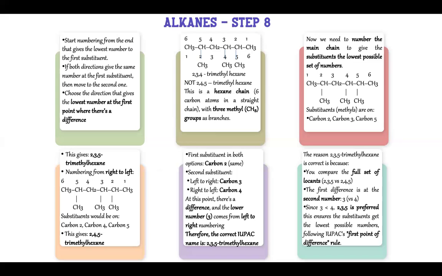The reason is that you compare the full sets of locants, 2,3,5 versus 2,4,5, and the first difference is at the second number, 3 versus 4. Since 3 is less than 4, 2,3,5 is preferred. This ensures the substituents get the lowest possible numbers, following the IUPAC first point of difference rule.